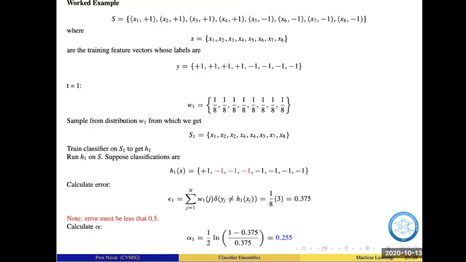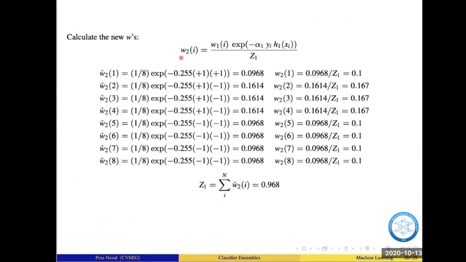But you will be multiplying y and h. Plus times plus is plus, plus times minus is minus, and minus times minus becomes plus, and so on.